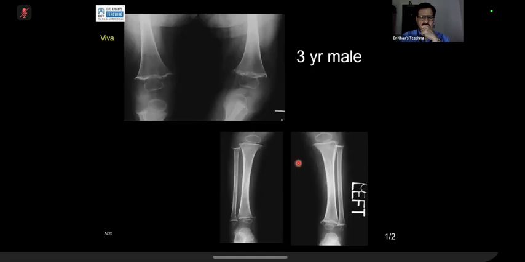These changes can also be seen in the tibia and fibula, on both the right and left sides. No subperiosteal hemorrhage, no fractures.